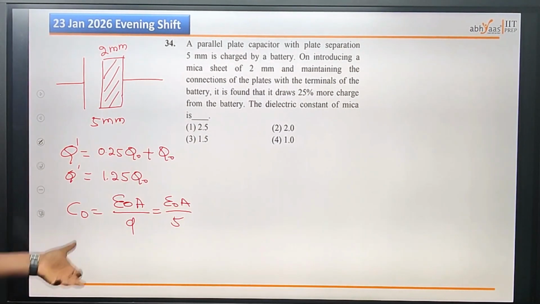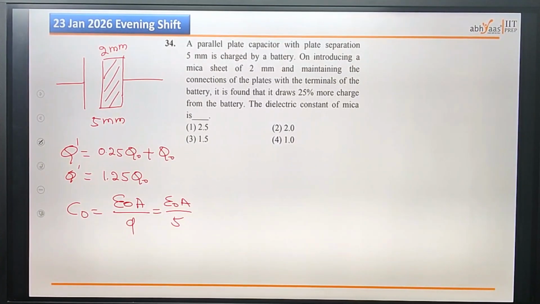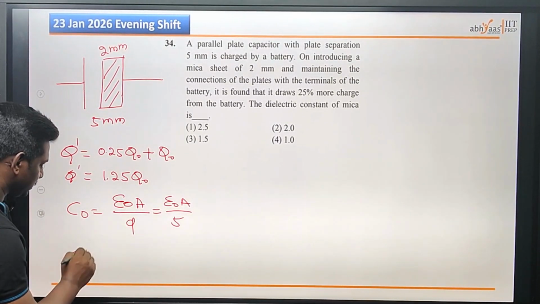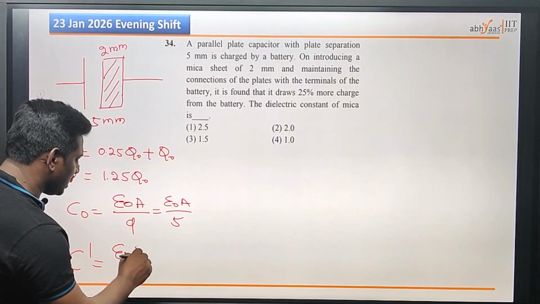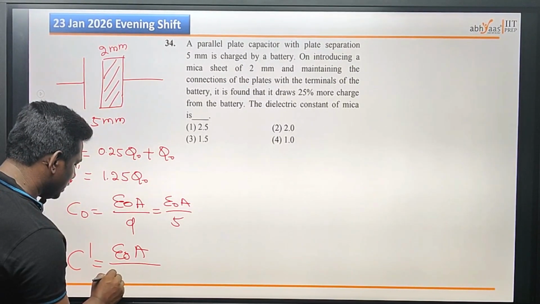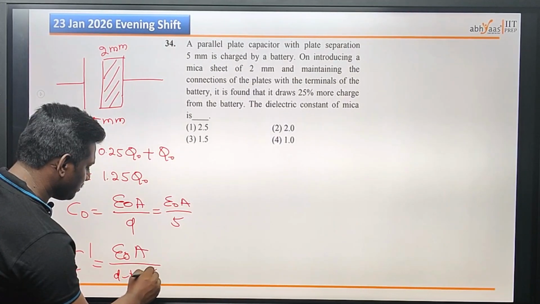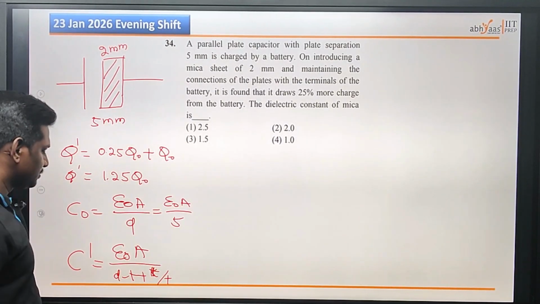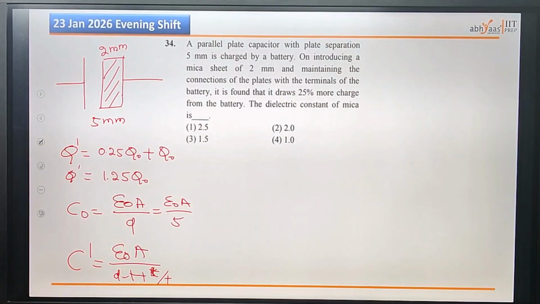What about after introducing mica? What is the capacitance? C prime can be written as epsilon naught A by D minus T plus T by K. What is D? D is nothing but the distance between the two plates, that is 5.